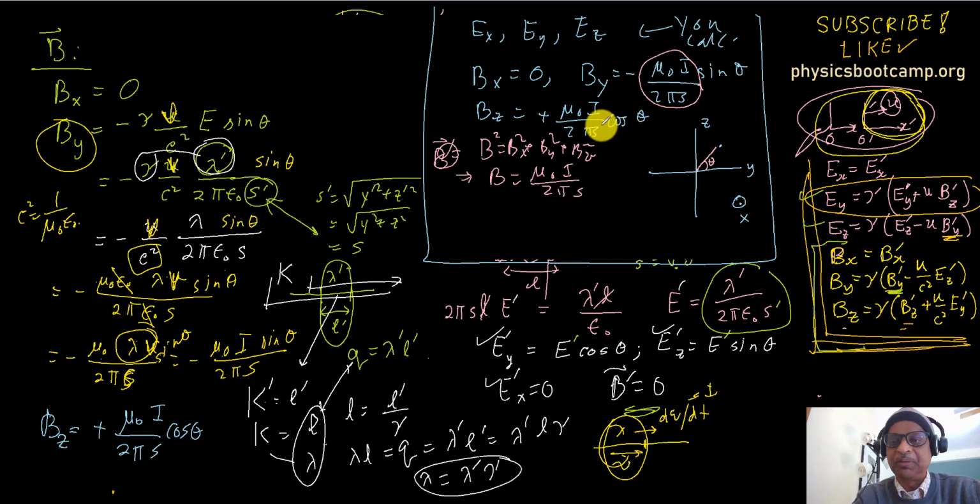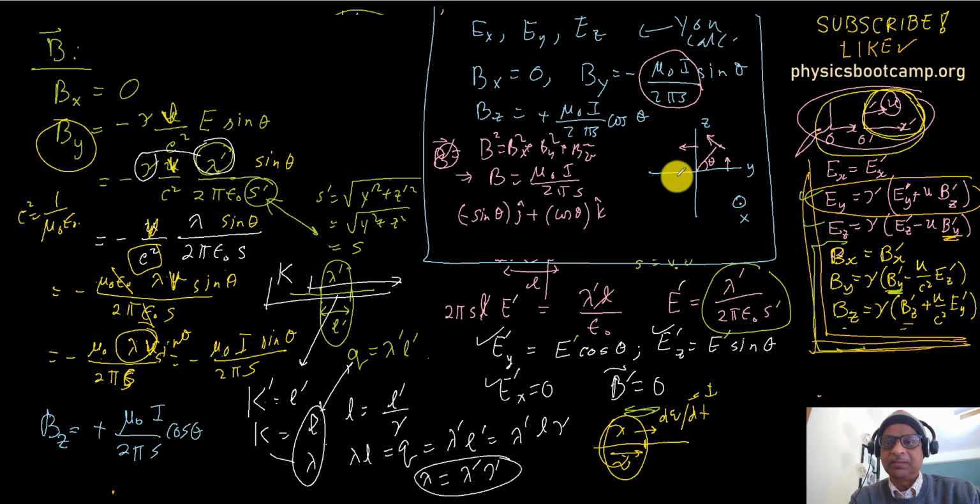This is the B that you're familiar with, and this also carries a direction, right? So direction is minus sine theta j hat plus cosine theta k hat. If I go over there, it will be in that direction, right? When theta is 0, it is in that direction. When theta is pi over 2, it is in that direction. So you can see it has the correct direction.